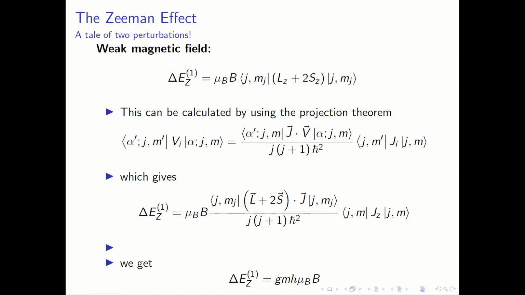This means that you end up with many more lines than you would have if the splitting had been exactly equal. If the splitting had been equal, many of these permitted lines would end up having the same wavelength. However, here some of these lines, because of the differential splitting between different J values, will give rise to more lines than just the 3 that we had for the normal Zeeman effect.